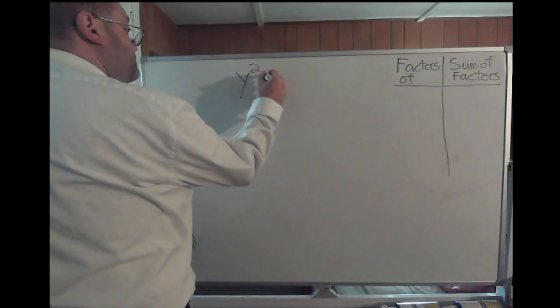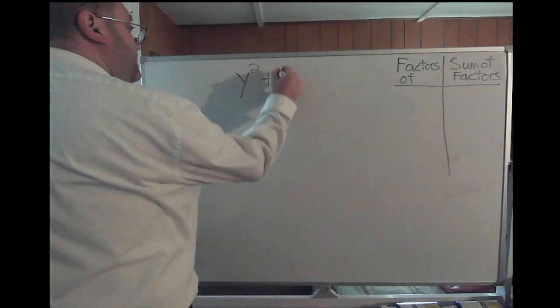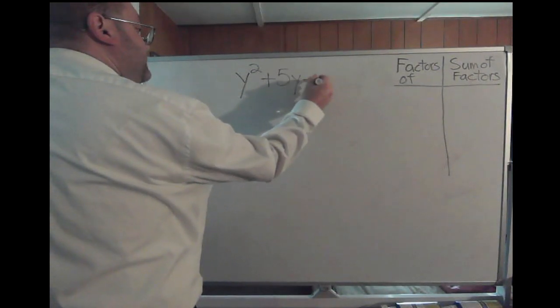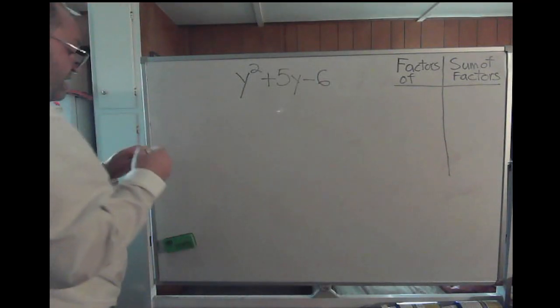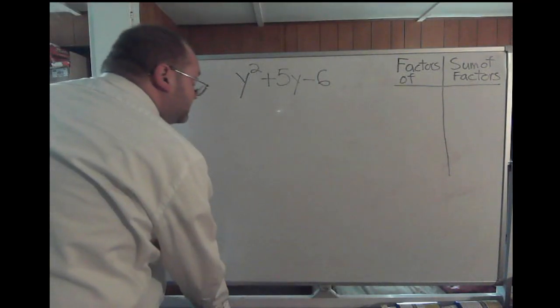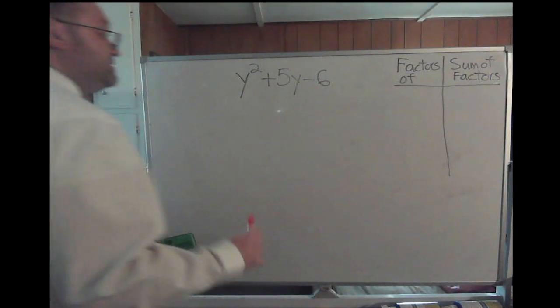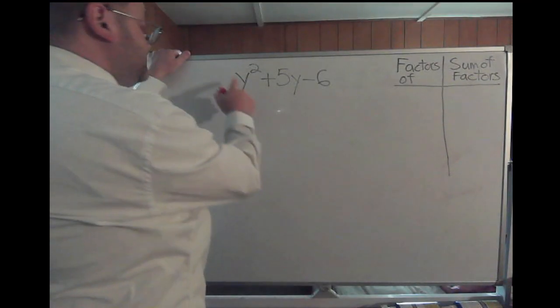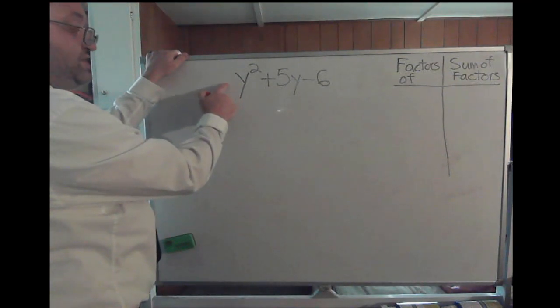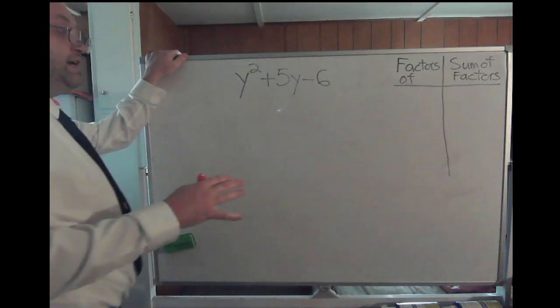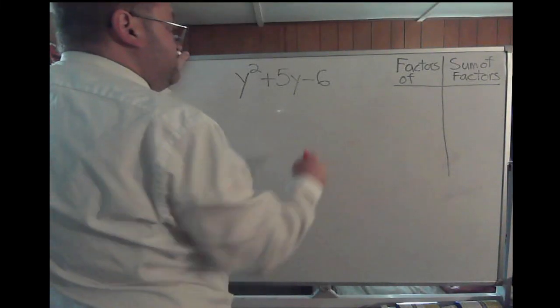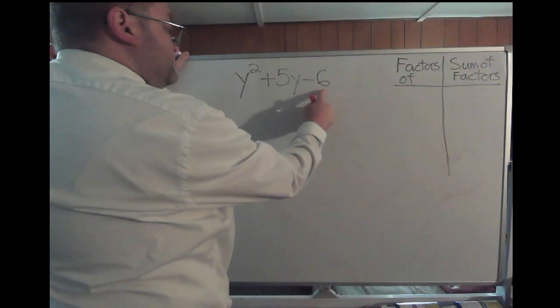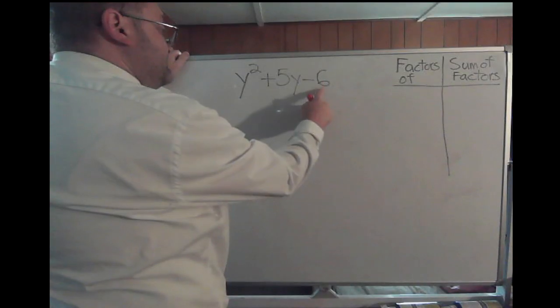We have y squared plus 5y minus 6. Alright, so we got y squared plus 5y minus 6. Well, as we see, the coefficient on the y squared term is 1, so that's going to make everything today a lot easier. But our constant term, the 6 there, it's negative.